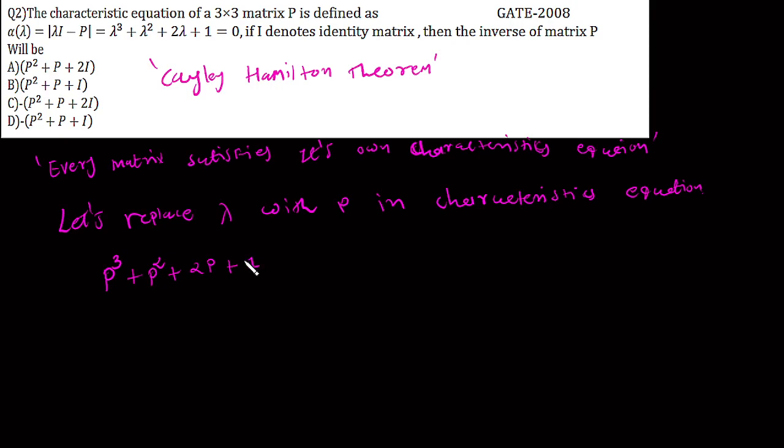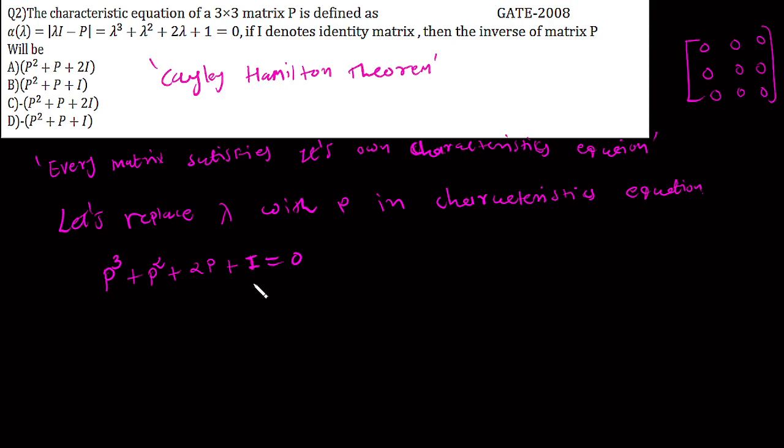Sorry, not 1, here I have to make it the identity, because I am going from this polynomial to matrix form. So I have to replace this 1 with the identity matrix in this matrix notation, and the right hand side also we have 0. But recall this 0 is not a scalar, it is in matrix form where all entries are 0, like this. So the right hand side is 0 0 0, and we call it the zero matrix. So now we have found the equation in this form.